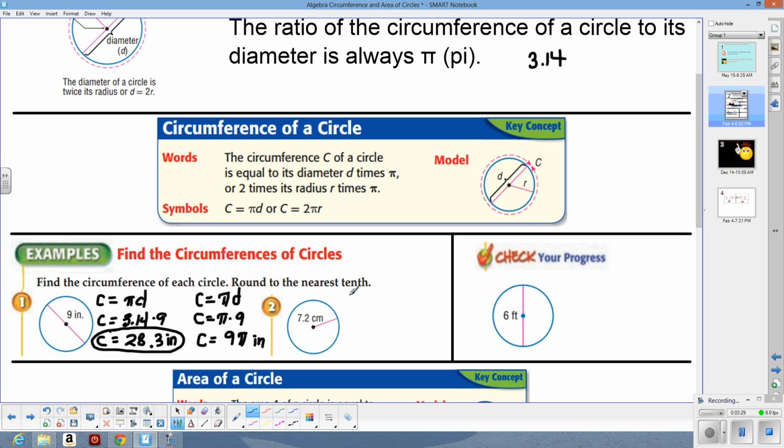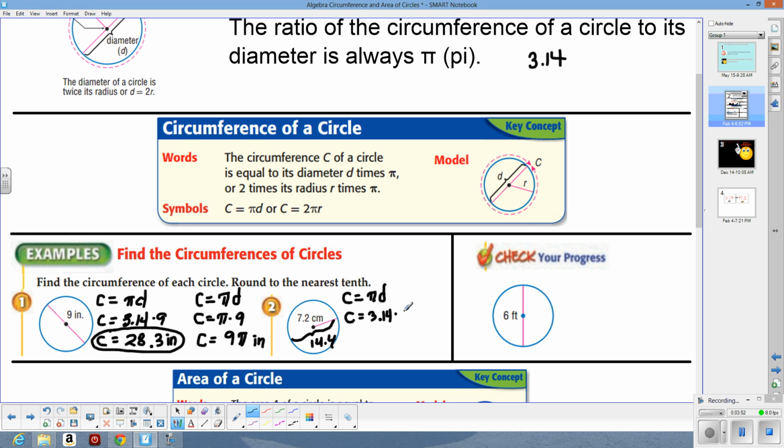Next example, circumference equals pi d again is the formula. And then we're going to use 3.14 for pi. And then this time, since the radius is 7.2, the diameter is going to be double that. It's going to be 14.4.